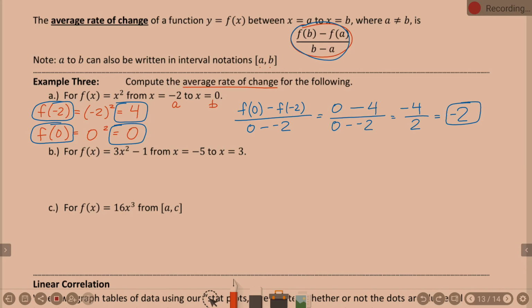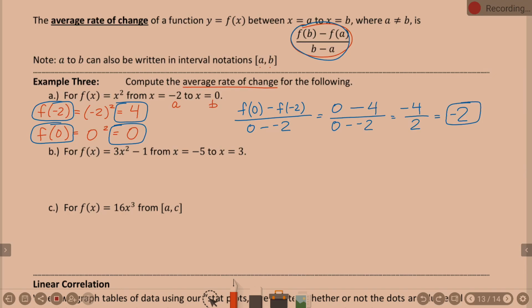Keep in mind, the parabola is a curve. It's not going to have just one slope. It's going to have an ever-changing slope because the curve changes. And so this is the average slope, essentially, for that area, okay?